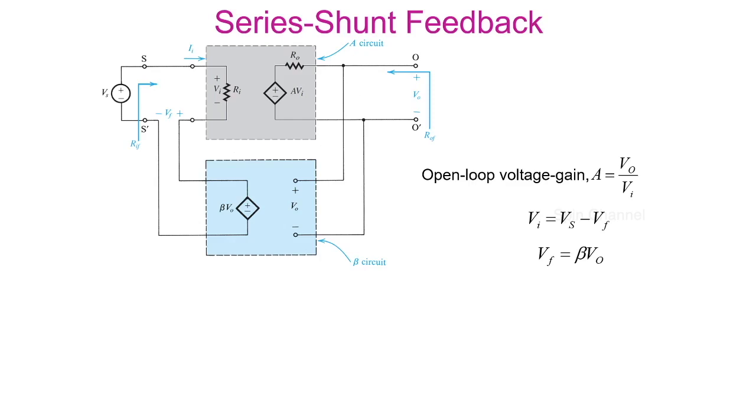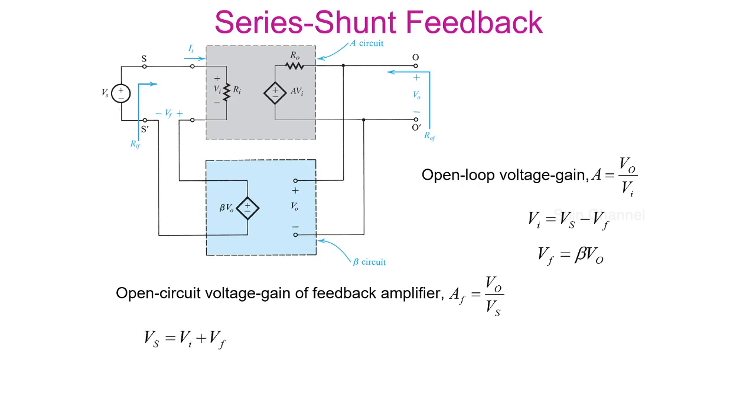Now, the closed loop voltage gain of the amplifier is given by output voltage by source voltage, that is V0 divided by Vs. We can write the source voltage Vs as equal to Vi plus Vf from the previous expression. On substituting the feedback voltage Vf by beta times V0, and subsequently V0 by A times Vi, we end up with Vi times (1 plus A times beta).